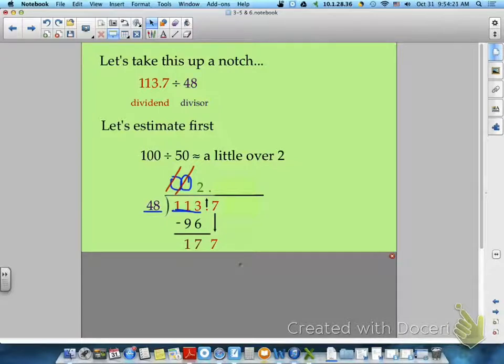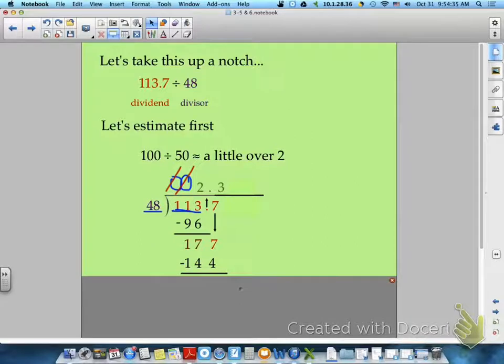Nothing is set in stone. All right, so I have 3. And 3 times 48 is? 144. Good job. Subtract that. 33.